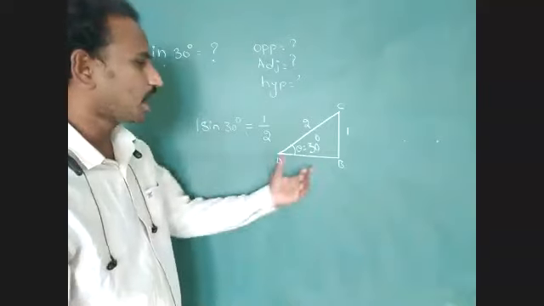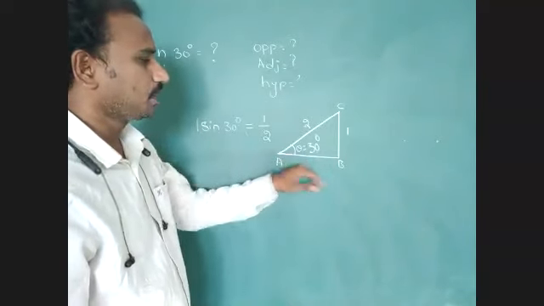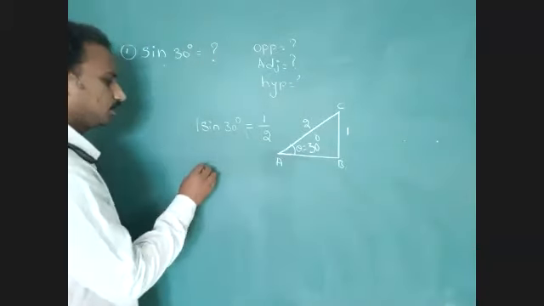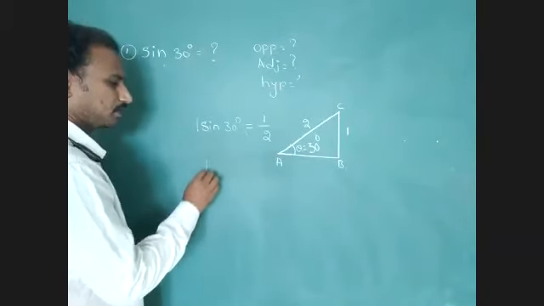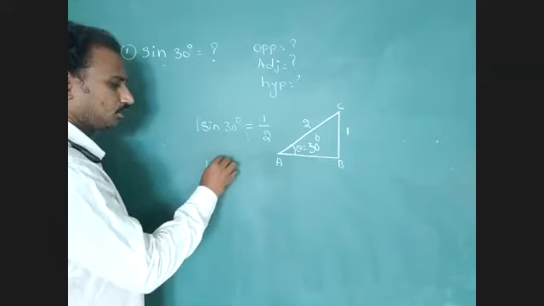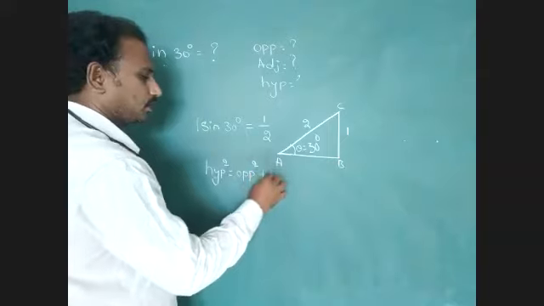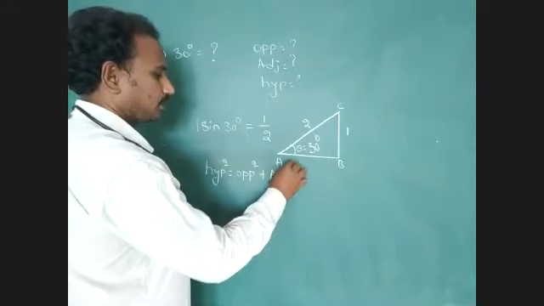Understood? Now you have to find the AB value. According to Pythagoras theorem, hypotenuse whole square equal to opposite side whole square plus adjacent side whole square.